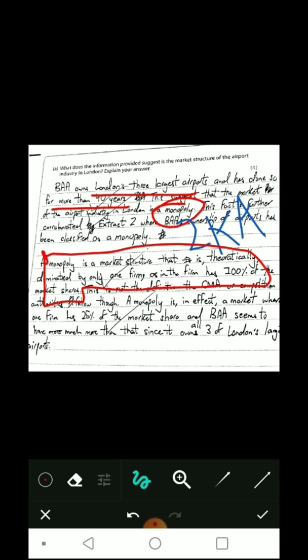This is not the definition the CMA or competition authorities follow, though. A monopoly is in effect a market where 1 firm has 25% of the market share, and BAA seems to have more than that, since it owns all 3 of London's largest airports.